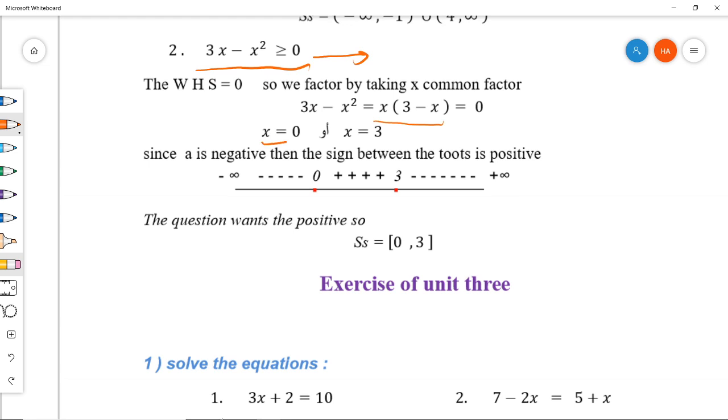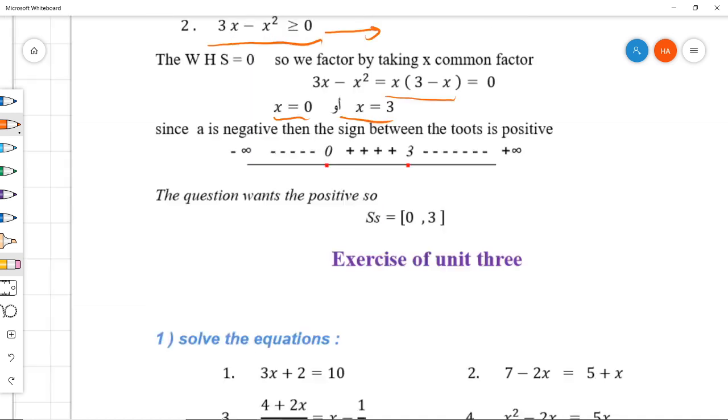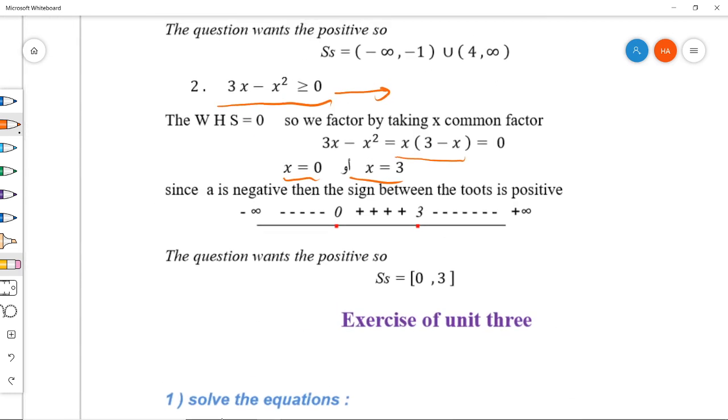Then we get the two solutions, x equals 0 and x equals 3. We put them on the line and look at the sign of A. The sign of A in this example is negative.